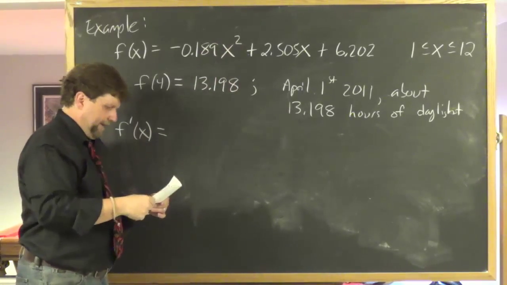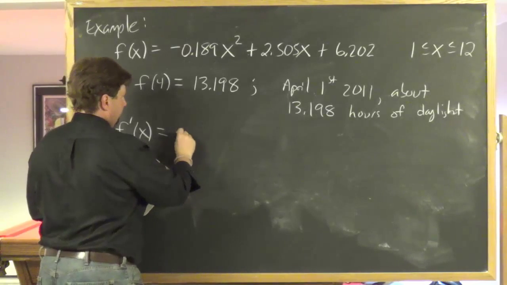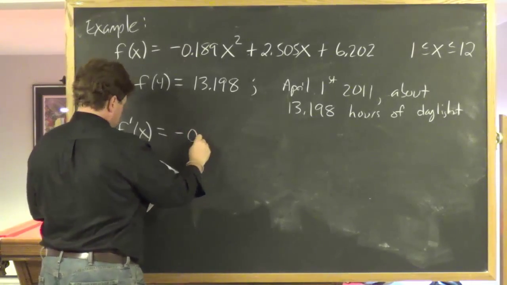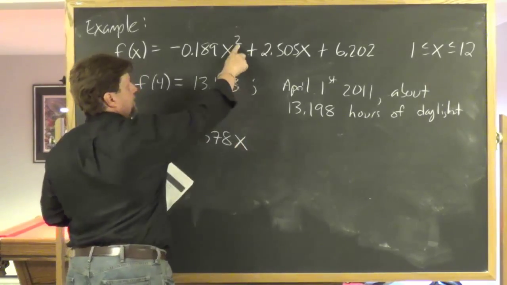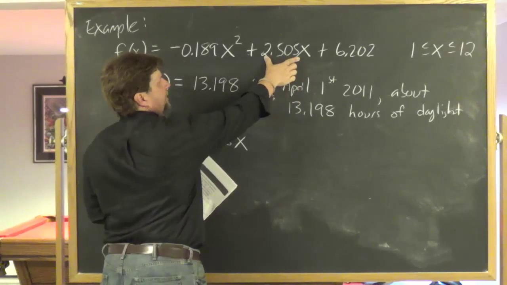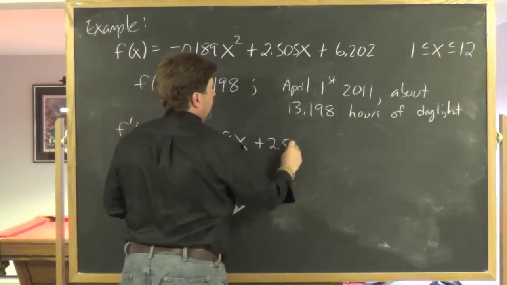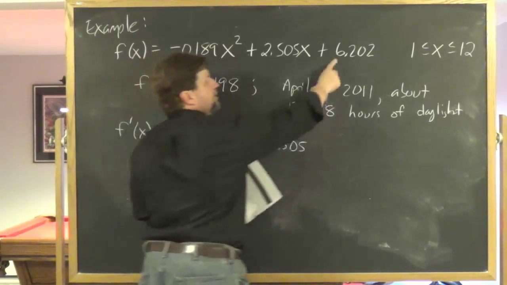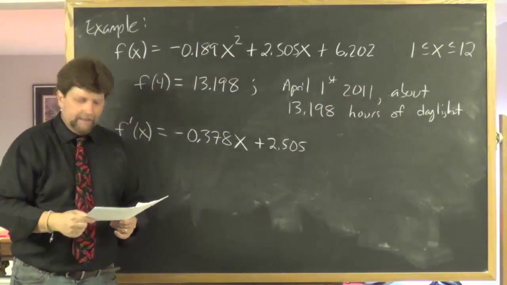Negative 0.189 times 2 is negative 0.378 x, then subtract 1, so it's x to the first power. The derivative of the second term is just 2.505, and the derivative of the constant is 0.